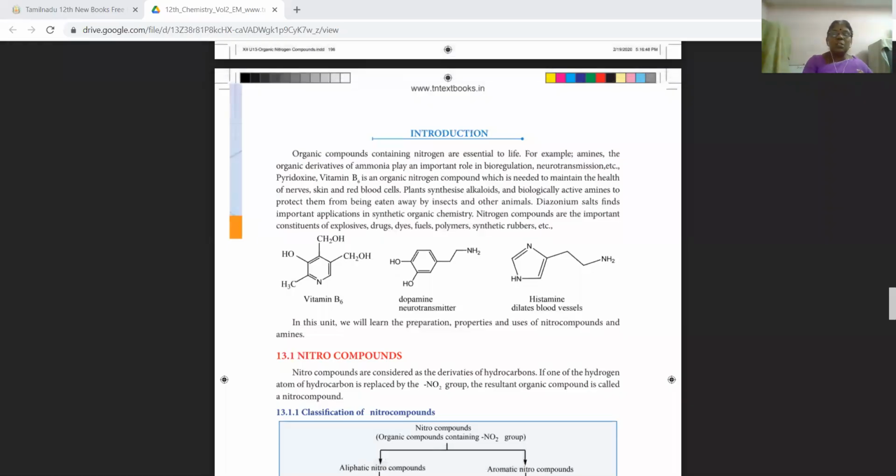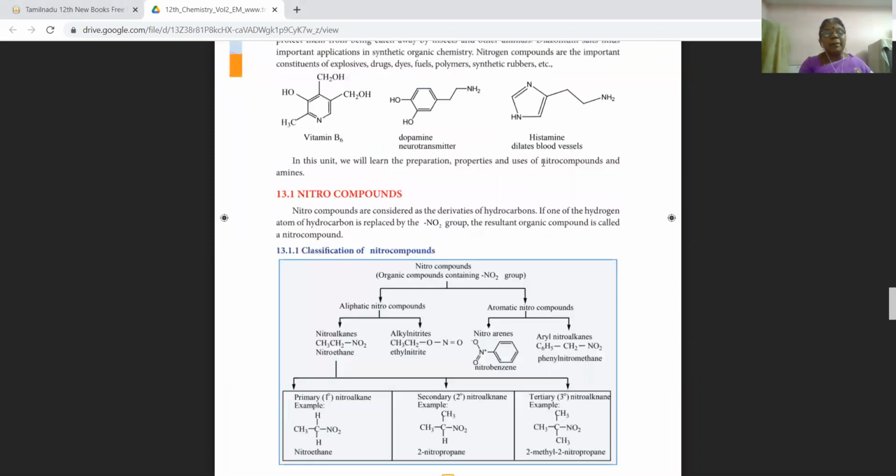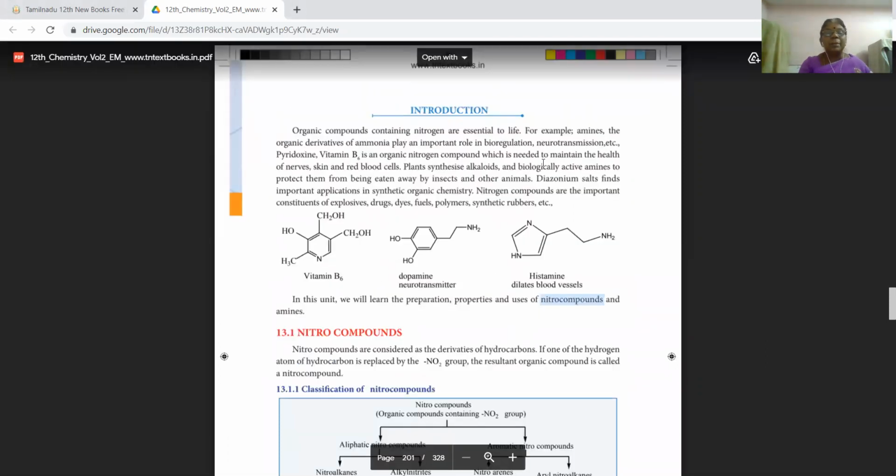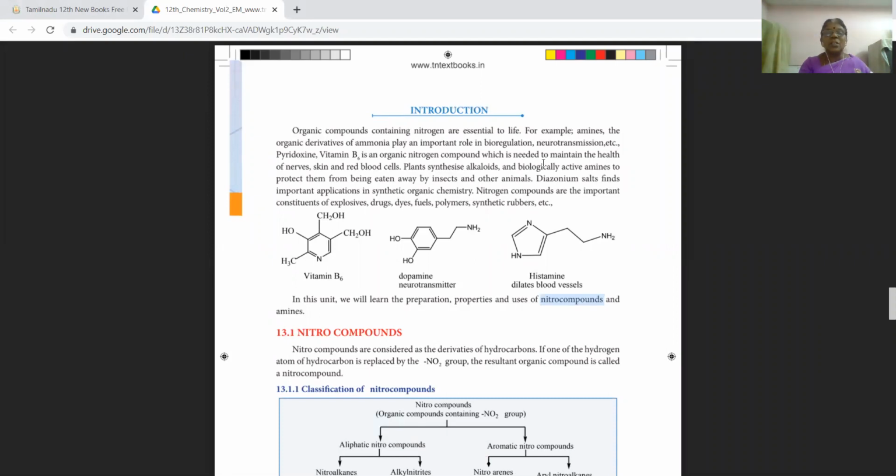So nitrogen compounds. The organic compounds containing nitrogen are essential to life. For example, amines, the organic derivatives of ammonia, play an important role in bioregulation and neurotransmission, etc. Pyridoxine, vitamin B6, is an organic nitrogen compound which is needed to maintain the health of nerves, skin, and red blood cells.